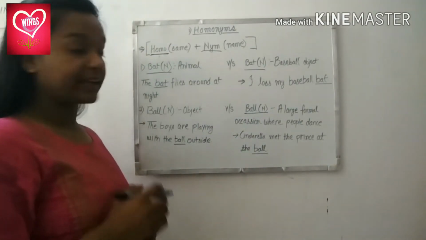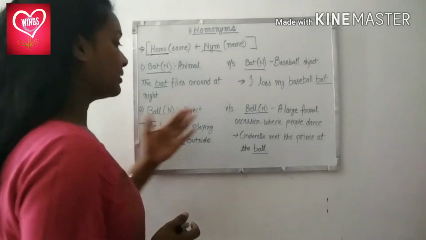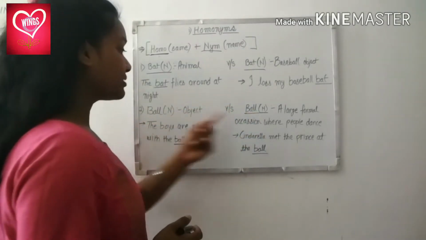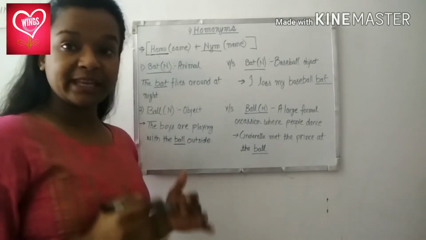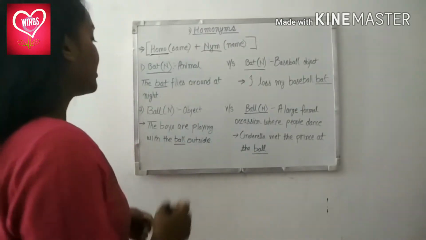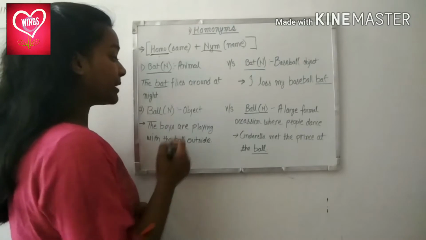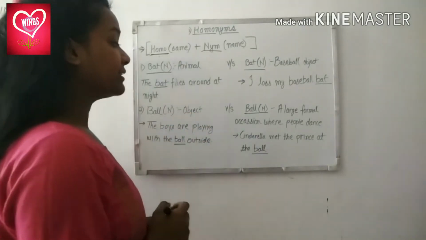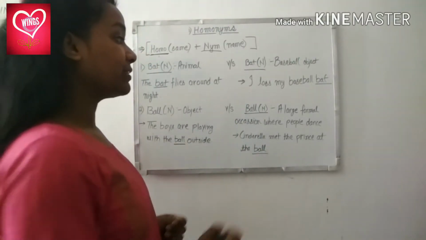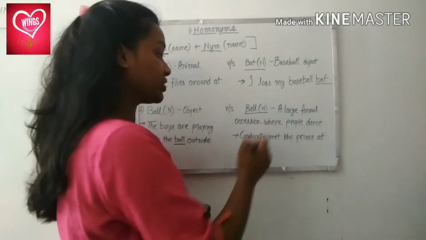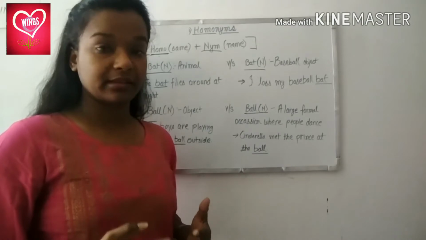Now come to the second example. Ball, ball. Spellings are the same and pronunciation is also the same, but the meanings are different. The first ball is a noun, that means an object, and the second ball is a noun that means a large formal occasion where people dance.